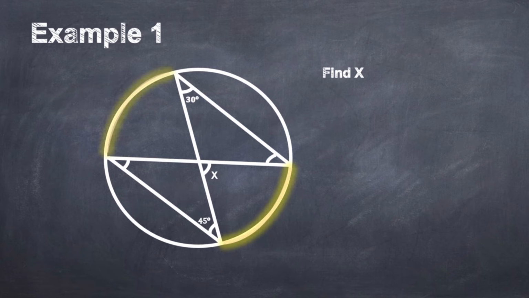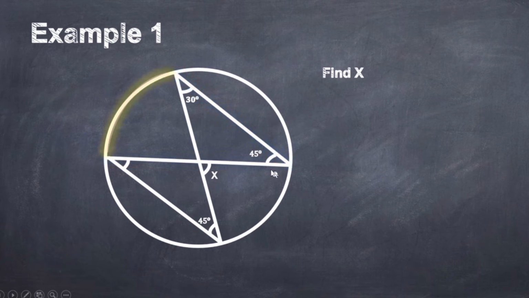So from this question, we look at this arc. Alright, so from this arc, there are 45 degrees from this arc. So we know that this angle is 45 degrees.